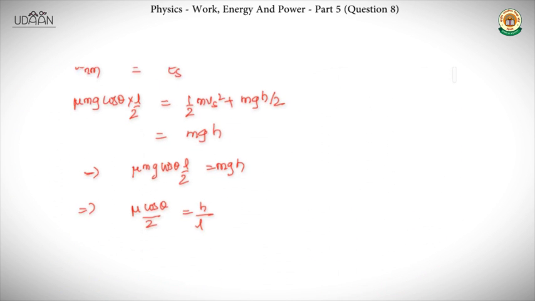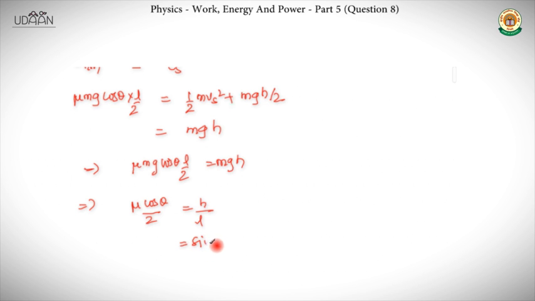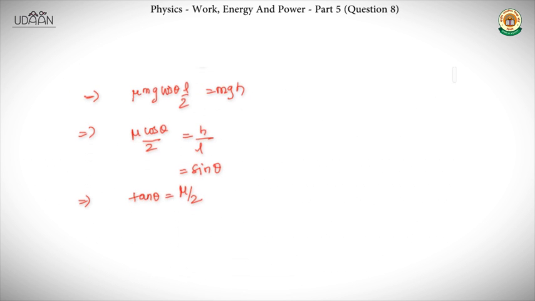So tan theta will be equal to mu by 2. As in the given equation we have theta, so mu will be equal to 2 tan theta.